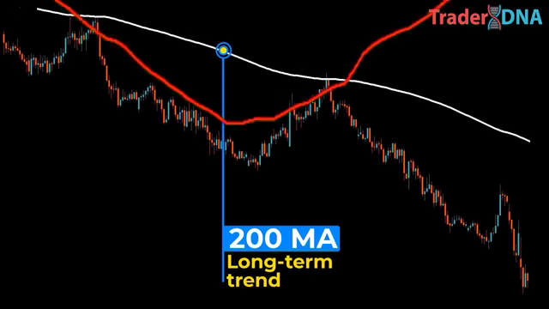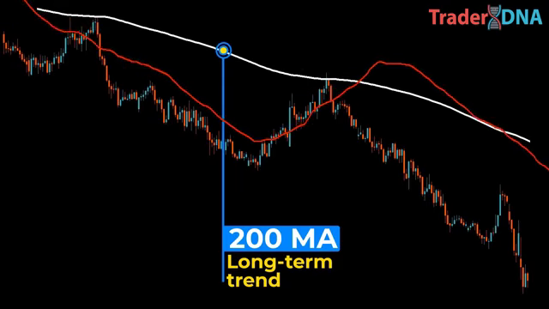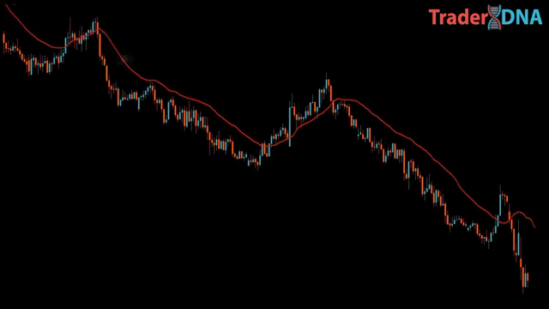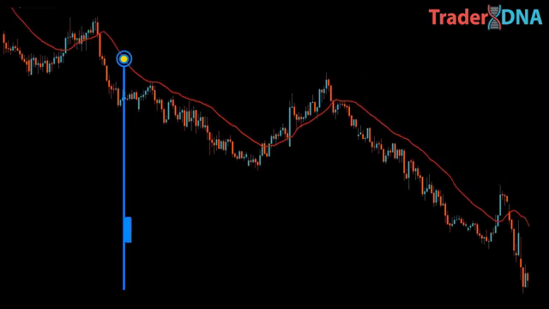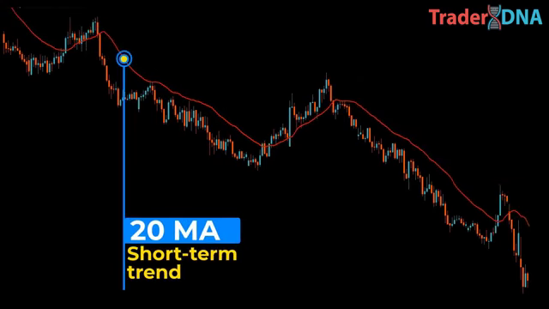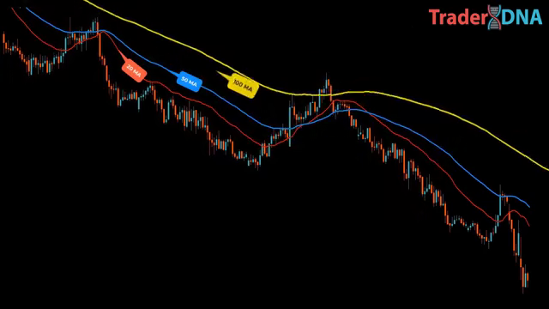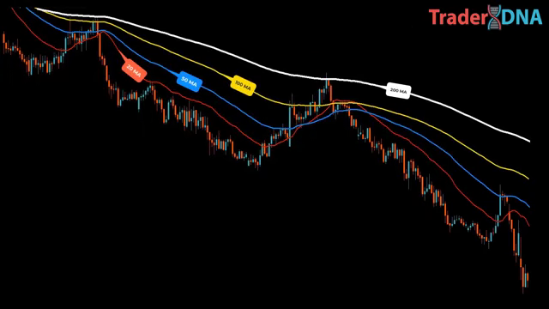On the other hand, a 20-period moving average is more useful for determining short-term trends, as it reacts more quickly to recent price changes and provides a snapshot of the market's current momentum. Some of the most commonly used moving averages are the 20, 50, 100 and 200 period averages. These are widely recognized by traders and investors alike.